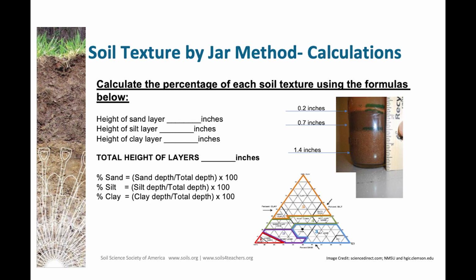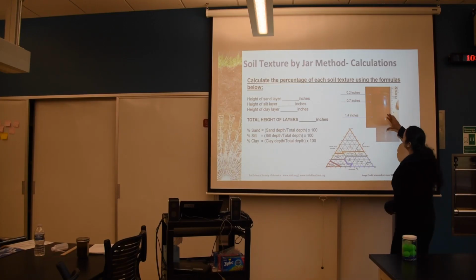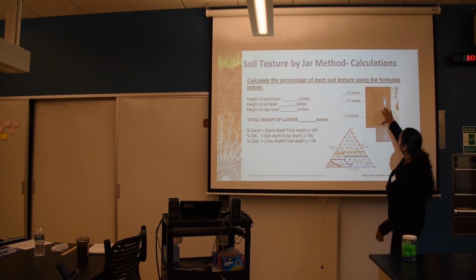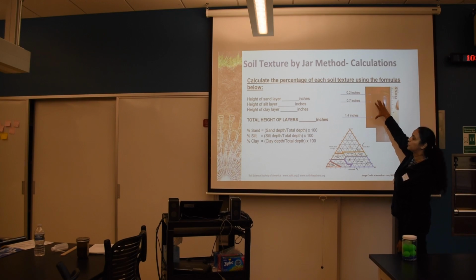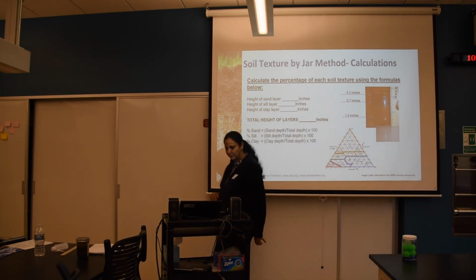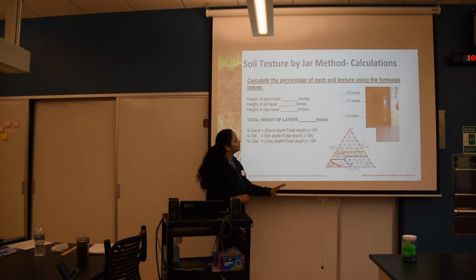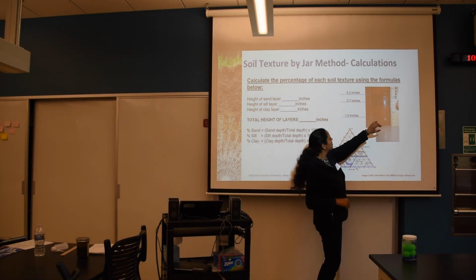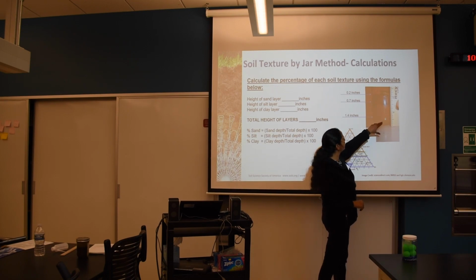Okay. So for instance, this jar is an example. If we measure from the bottom to the top layer of the soil, that's the total depth, which is about 2.3 inches, right? The lowest one is the sand, so we take the ruler and measure the height of the sand.